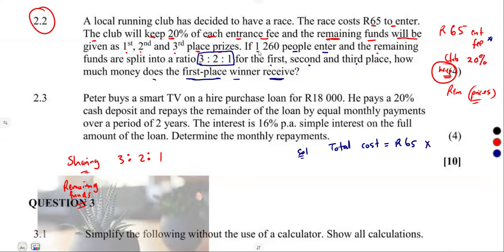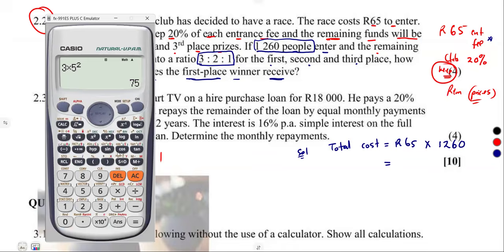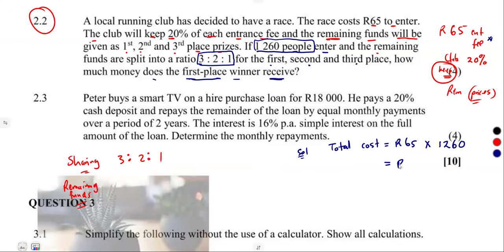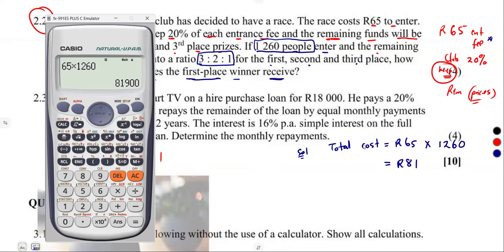How many people entered? 1,260 people entered. So you multiply by the number of people which entered. That was going to give us the total cost before the sharing process, all right? That's 65 times 1260, which is going to be 81,900.